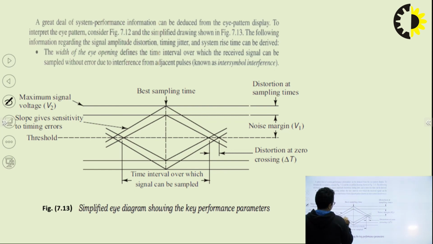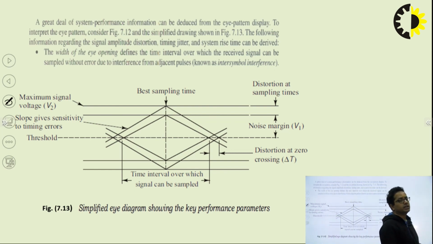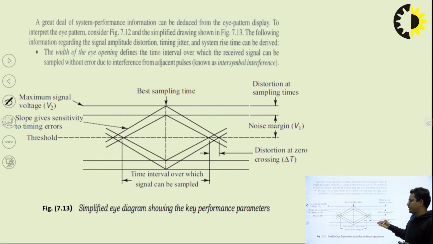Now this is the threshold level for determining whether the bit pattern strength comes under the 1 category, high level, or comes under the low level category. So above this value something can be treated as a 1, and below this value something can be treated as a bit 0.